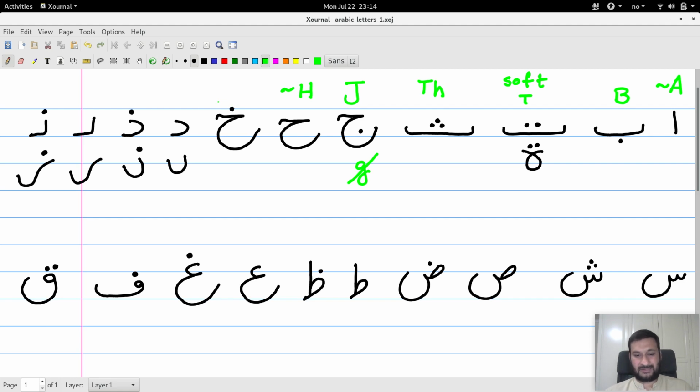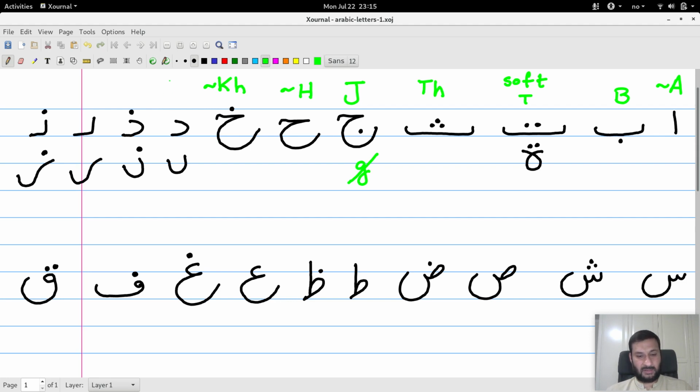Kha doesn't exist in English, but sometimes the combination K and H can be used, and that is what we use when we write kha and convert it in English. So this is kha.